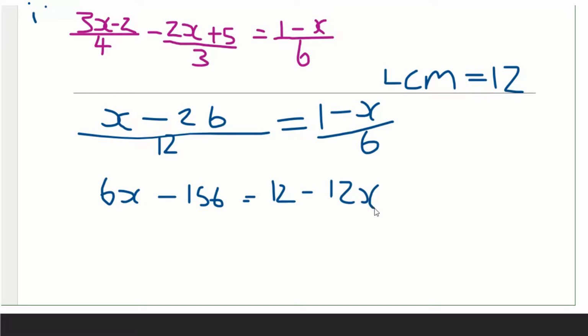Now what I'm going to do is get the x on one side and the whole numbers on the other side. So what we'll have is 6x, and I'm going to take the negative 12x across the equal sign, and of course you know that the sign is going to change, so we have positive 12x, and that's equal to 12.